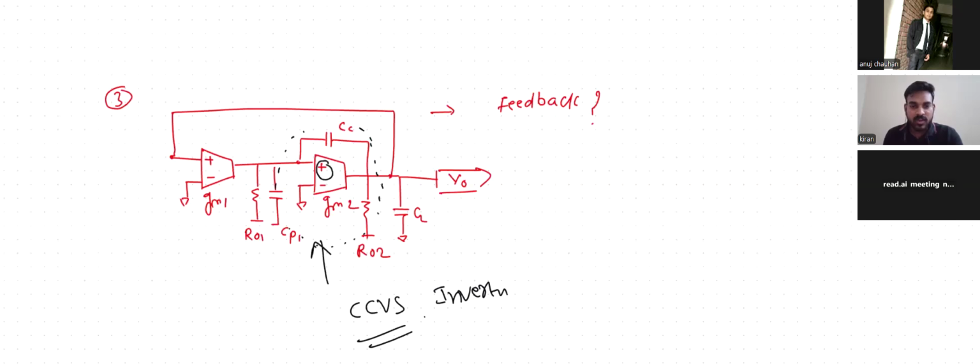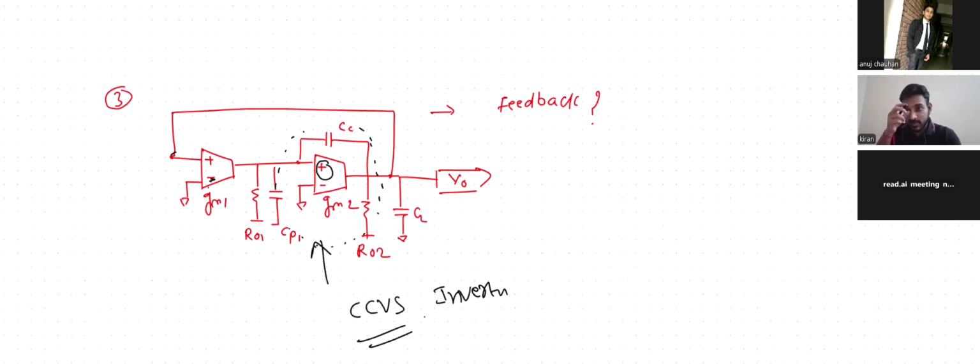While connecting the unity negative feedback from output to input, we have to connect it to the negative terminal. So it should also be changed. It is fine. I think this is the only problem.